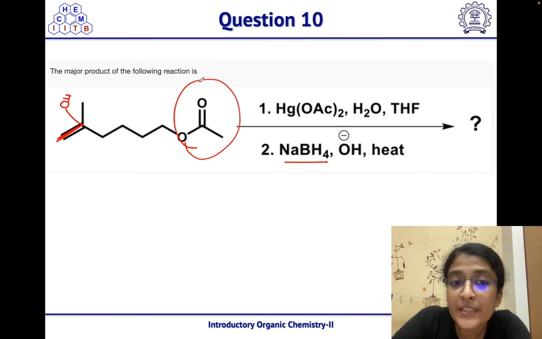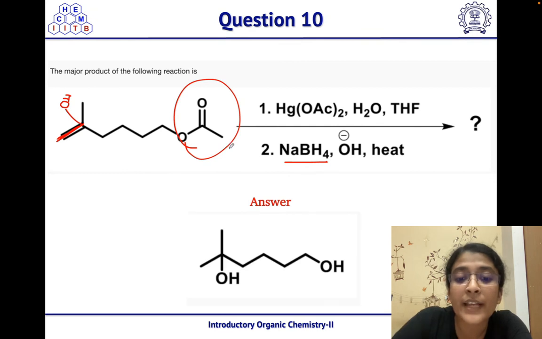NaBH4 reduces this ester into alcohol. So our right answer will be this one. First oxymercuration reduction will take place, and at the same time this ester will also be reduced into alcohol. Clear?